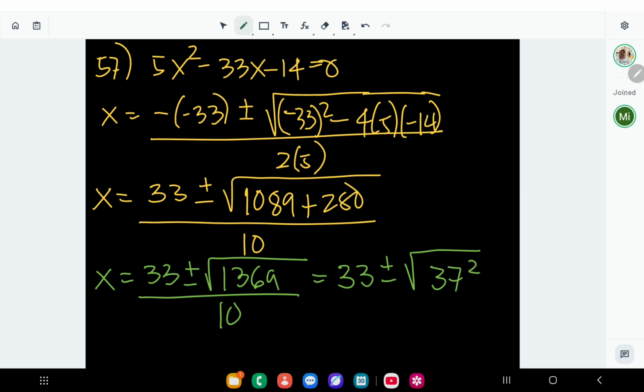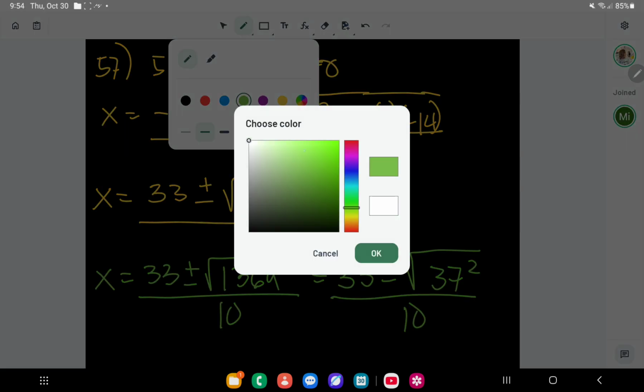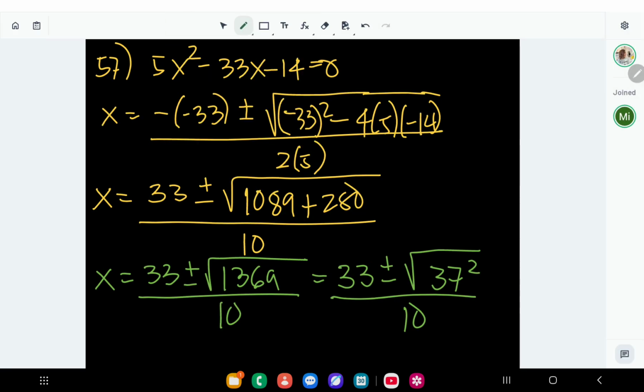Check, 37 times 37. So you can write that as 37 squared, so it will be easier to take the square root. So x is equal to 33 plus or minus 37 over 10.